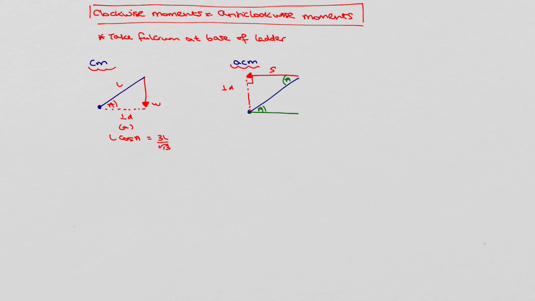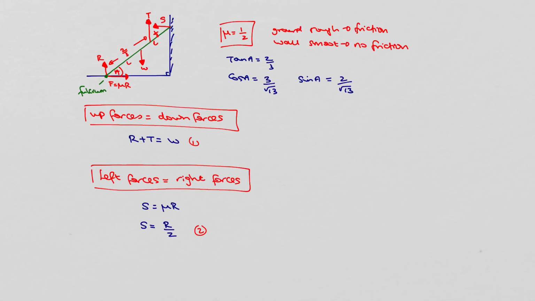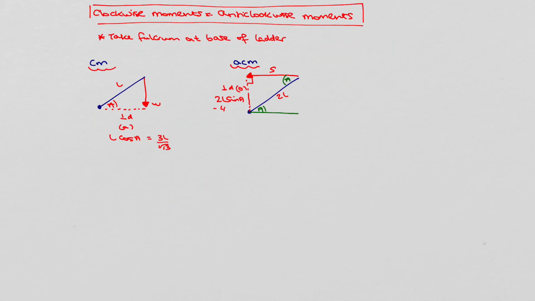So my perpendicular distance is the opposite, and the opposite is H sine theta, where H is 2L. So therefore that's going to be 2L sine A, and we said sine A was 2/√13, so that's equal to 4L/√13 for our perpendicular distance.